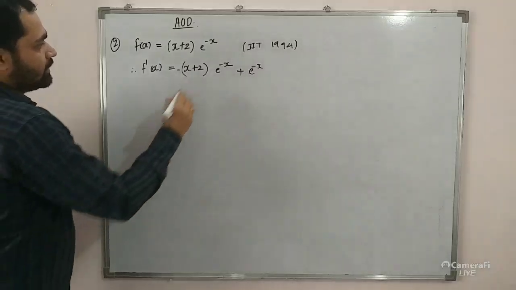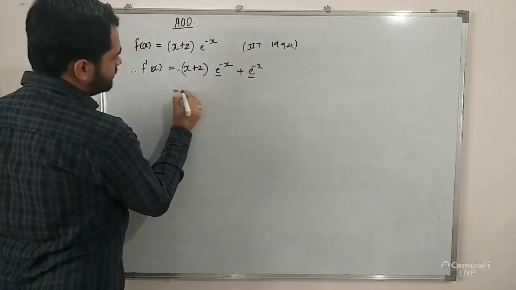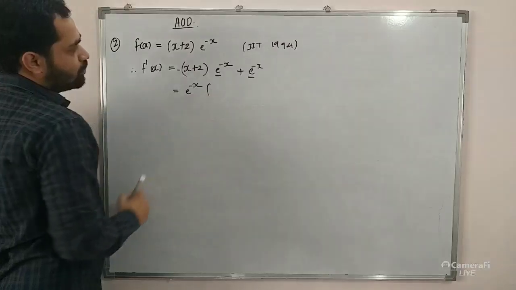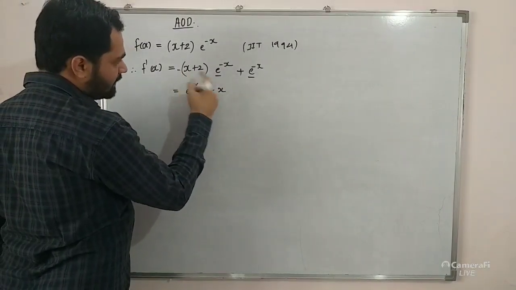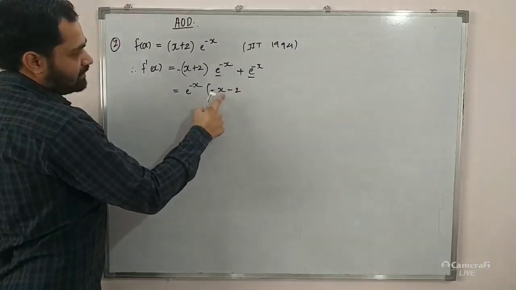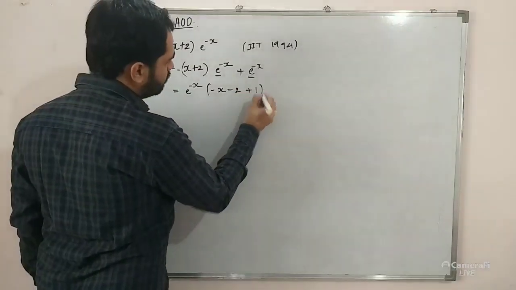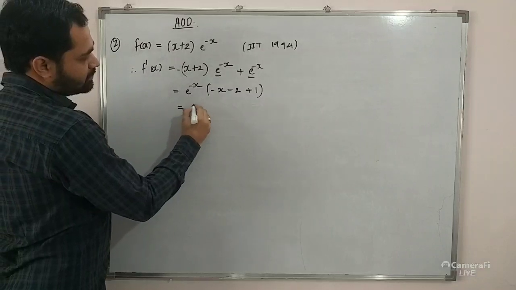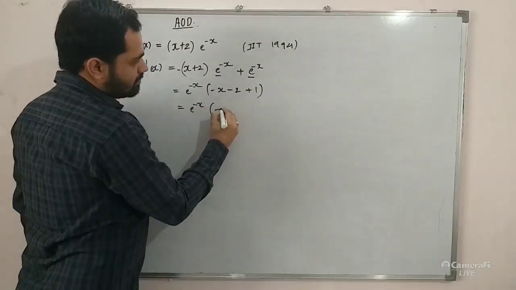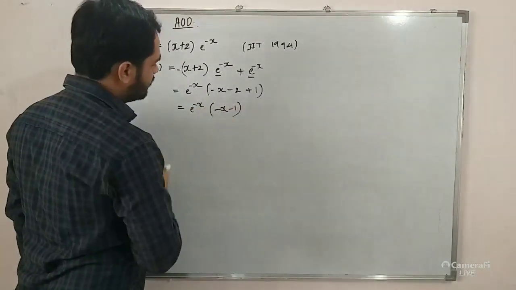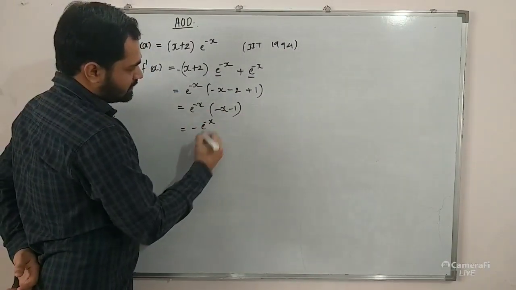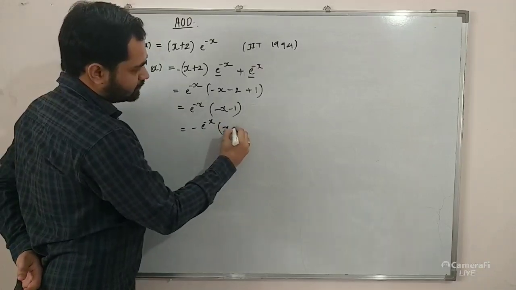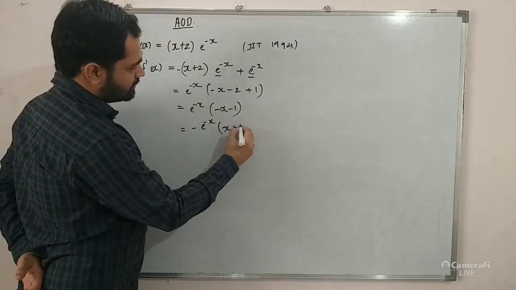Taking e raised to minus x common from both terms, we get minus x minus 2 plus 1, which is equal to e raised to minus x into minus x minus 1. Taking minus common from this bracket, we get minus e raised to minus x into x plus 1.